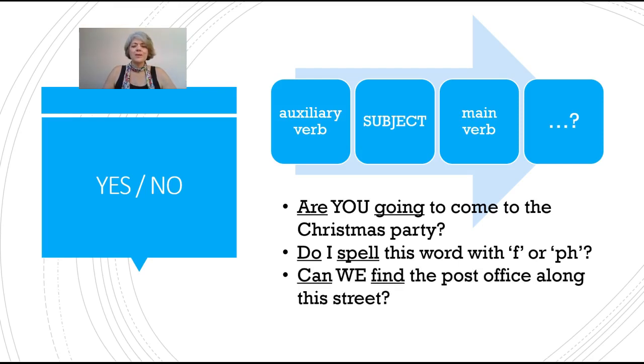Can we find the post office along this street? These questions only want a yes or a no answer. So at the beginning we have are, do, and can. These are the helping verbs or auxiliary verbs. Then there's the subject, then the main verb.